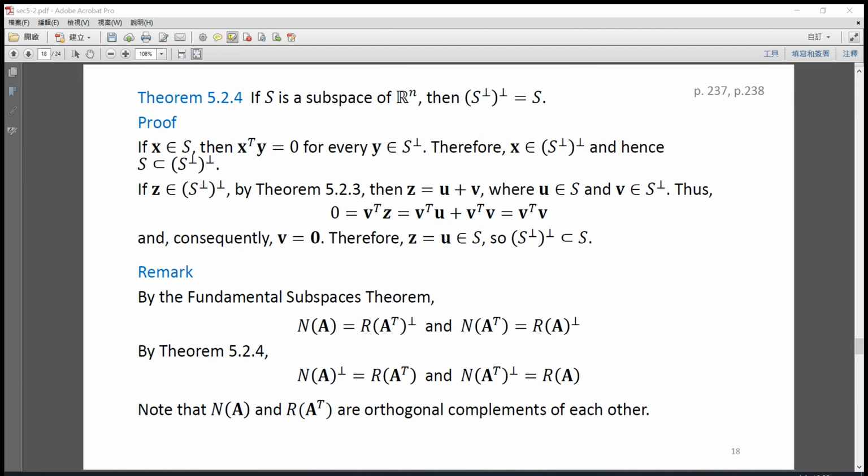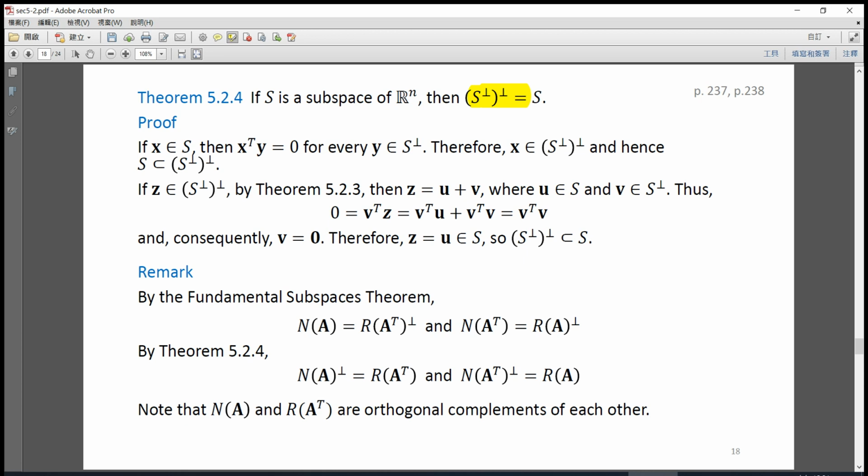Next, we prove Theorem 5.2.4. If S is a subspace of Rn, then the perp of S perp equals S. We can use a simple example to gain some insights behind this theorem.